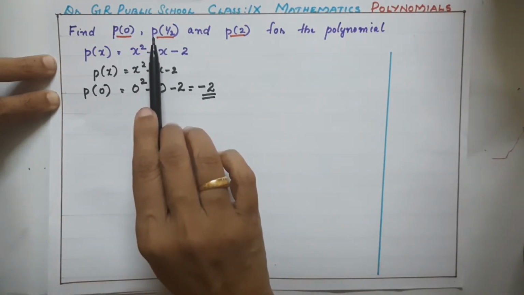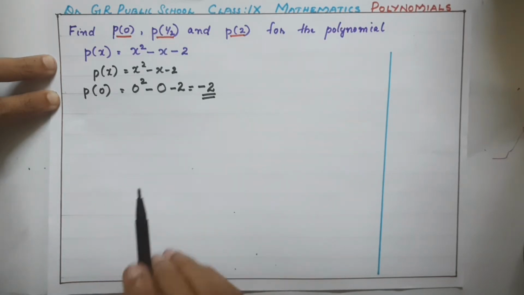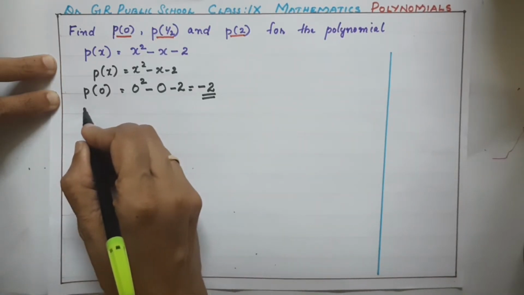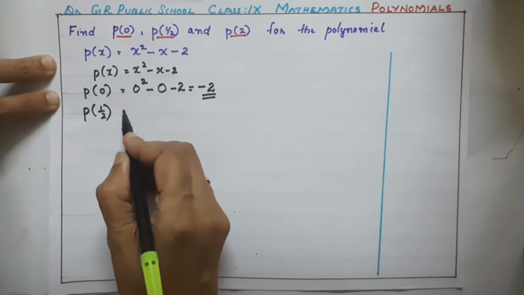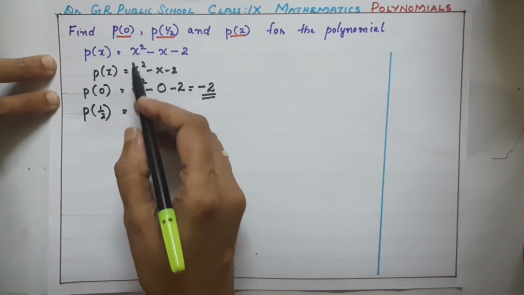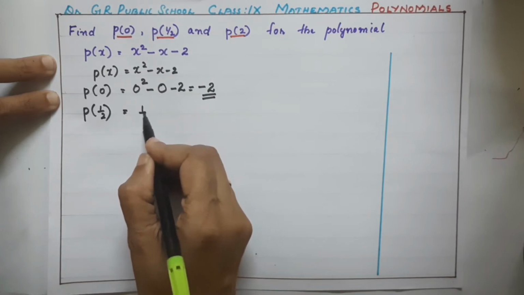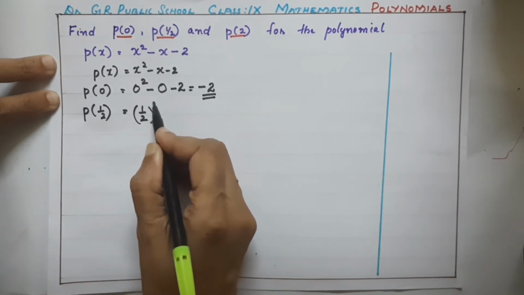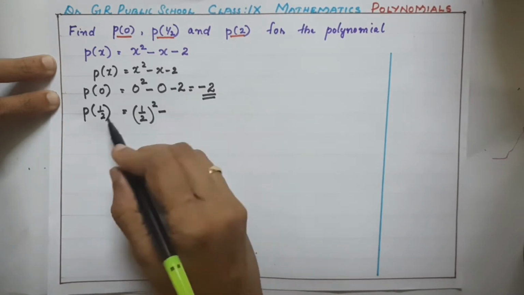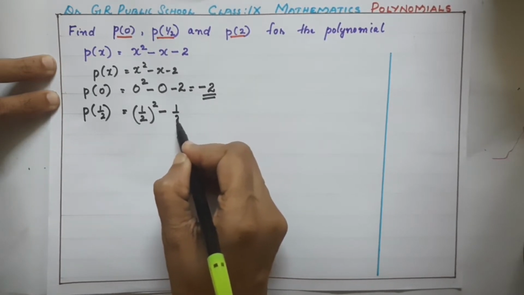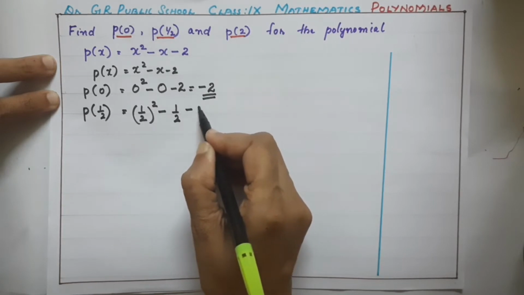Now consider p of 1 by 2. So p of 1 by 2 equal to, so x square, that is here 1 by 2 the whole square minus here x, that is 1 by 2 then minus 2.